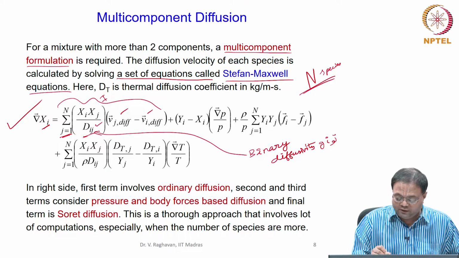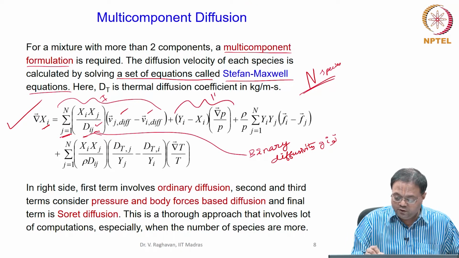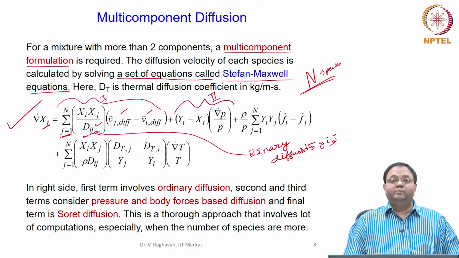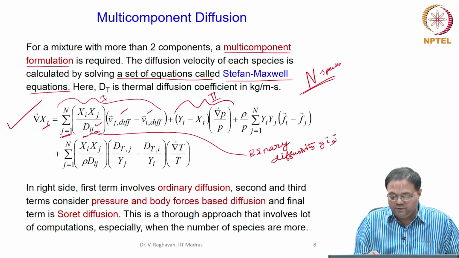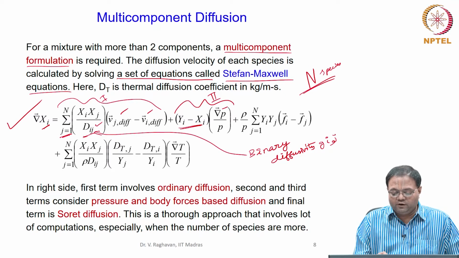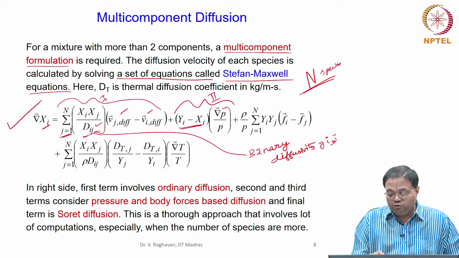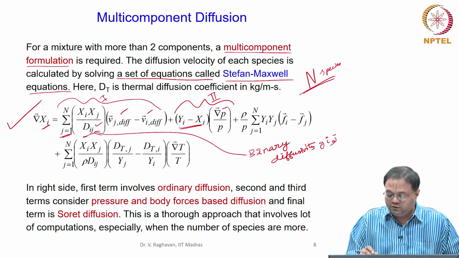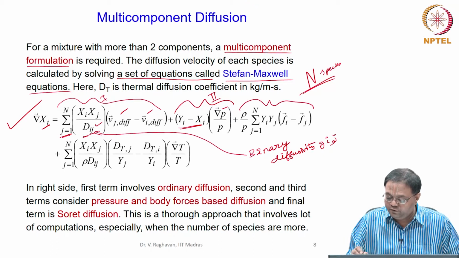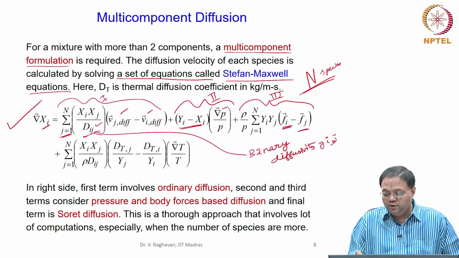Now the second term here is the pressure gradient based diffusion. You can see this del P, the pressure gradient term here, and this is the mass fraction and mole fraction here. So this term is solved just by the pressure gradient. The third term here is the body forces.